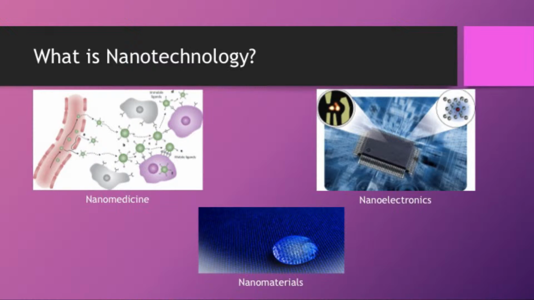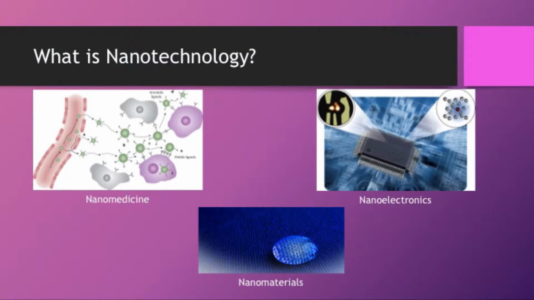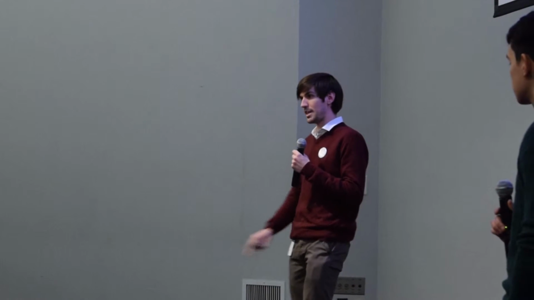Nano systems can use different nanomolecules to create better storage and more efficient electronic systems. And lastly, nanomaterials, like in the textile industry. A recent example was nano jeans, which are stain-resistant jeans. So if you spill something on yourself, it just slides right off instead of staining the jeans themselves.